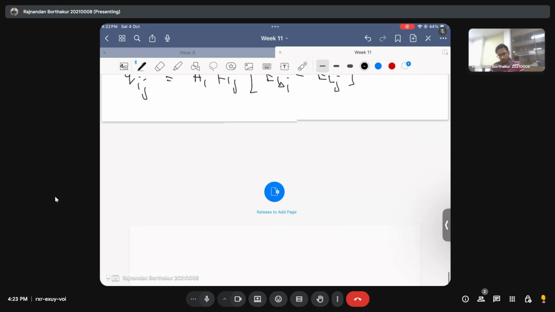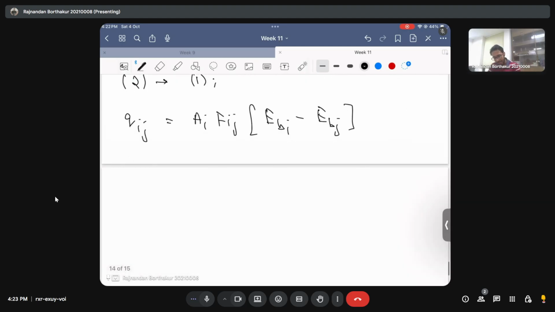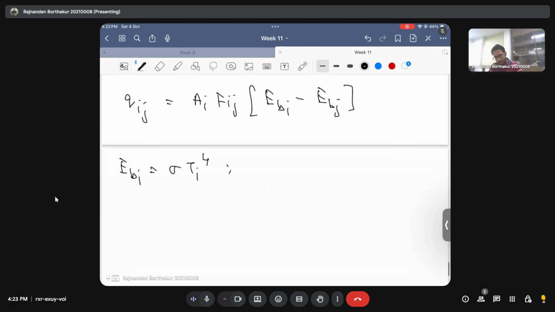And from the Stefan-Boltzmann law, I can then say that Ebi is nothing but sigma times Ti raised to the power 4. And similarly, Ebj is nothing but sigma times Tj raised to the power 4, which means the net radiation exchange between any two generic black bodies can be written as Ai Fij times sigma times (Ti raised to the power 4 minus Tj raised to the power 4).